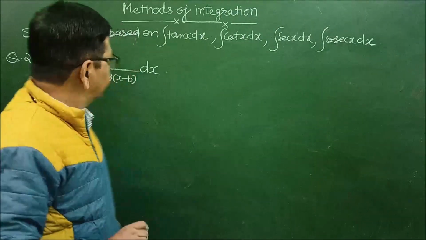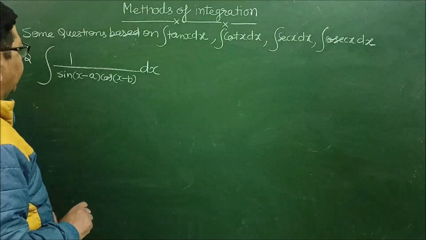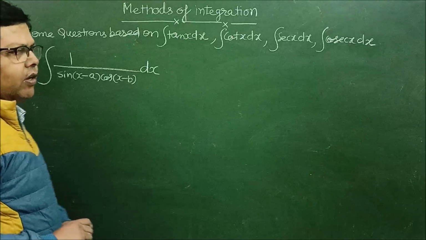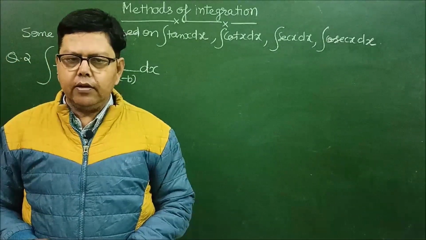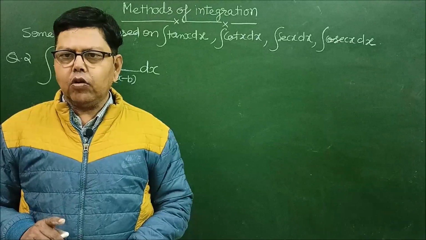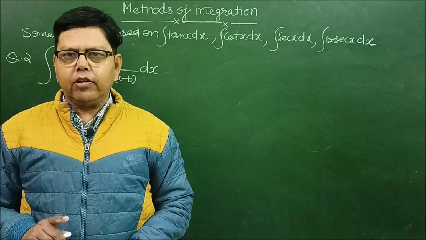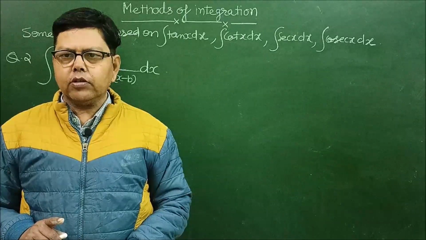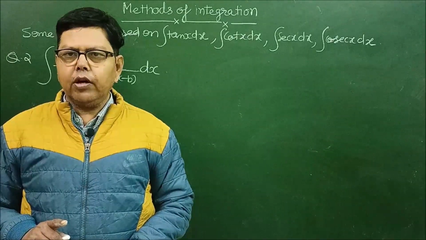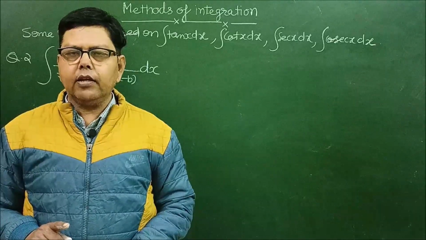Next question, integration of 1 upon sin(x minus a) cos(x minus b). This question has a special technique. If you have sin cos form, then multiply by cos(a minus b), and if you have sin sin or cos cos form, then multiply by sin(a minus b).